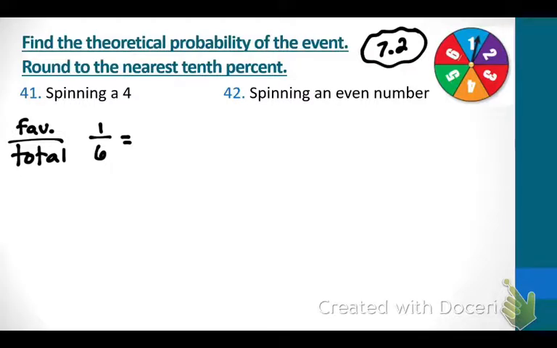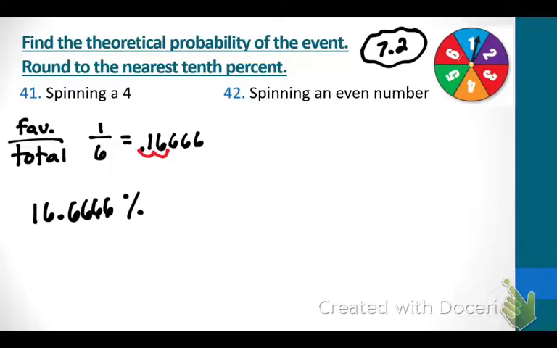Guys, what's 1 divided by 6? 0.166666 repeating. If I move this over, I'm now at 16.6 repeating percent. Do I need to round that? Yes. Which space do I need to round it to?